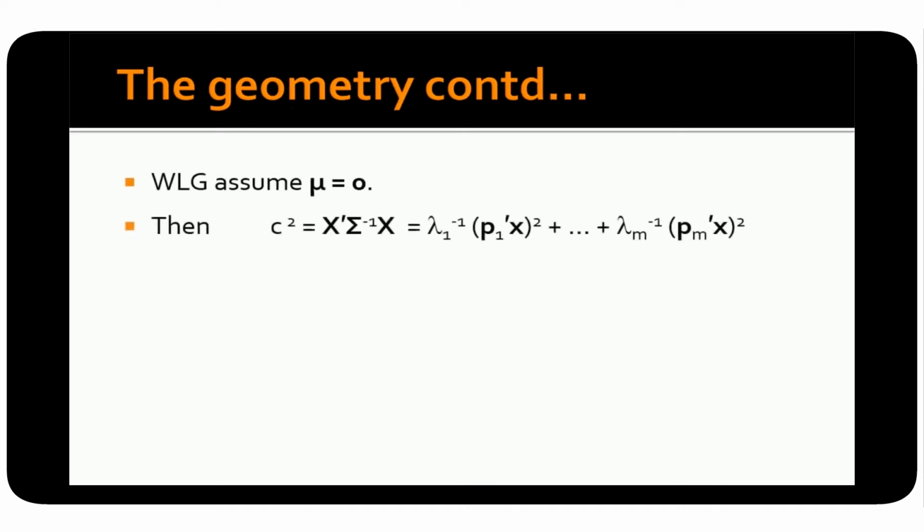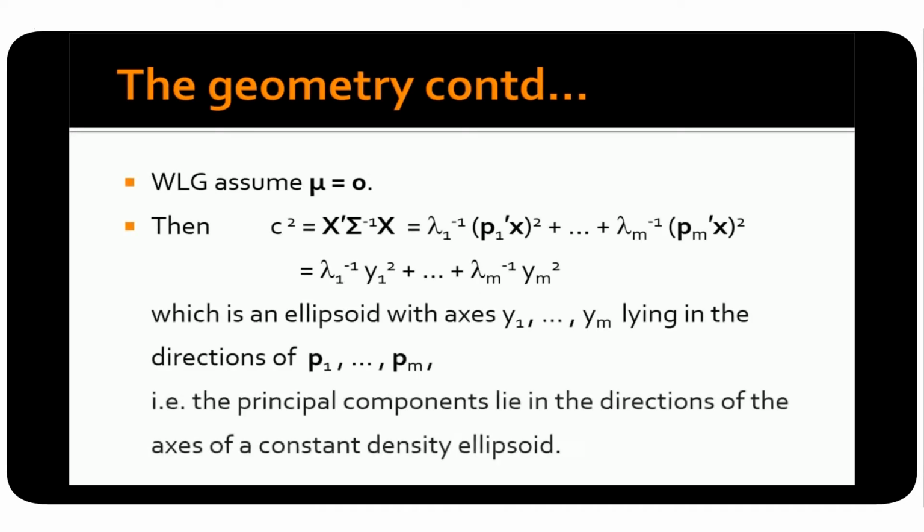Now, suppose we assume mu to be equal to 0 for simplicity only. Okay? In that case, we can break up this c square equal to x prime sigma inverse x as 1 by lambda 1 (p1 prime x) square plus 1 by lambda 2 (p2 prime x) square, etc., up to 1 by lambda m (pm prime x) whole thing square.